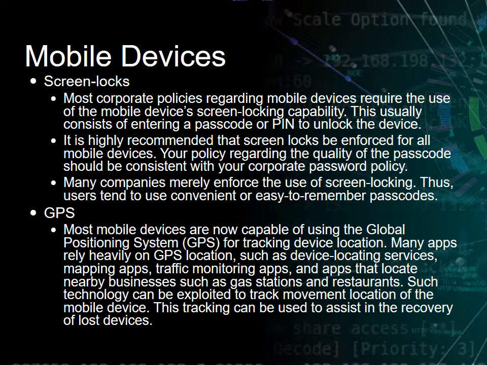Obviously, you got mapping apps and traffic monitoring apps, and even apps to help you find your phone if you've lost your phone. Things such as paying for gas at gas stations, restaurants, and other business apps as well. Such technology can be exploited to track movement and locations of the device.